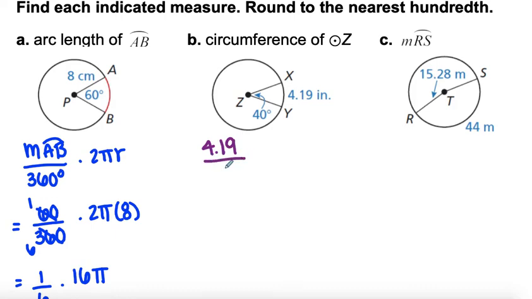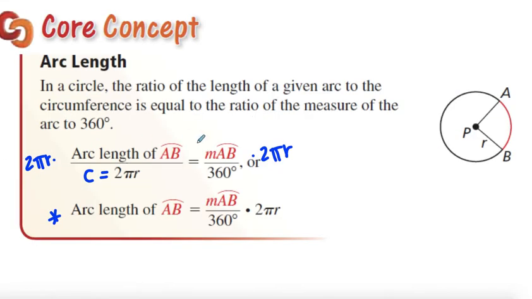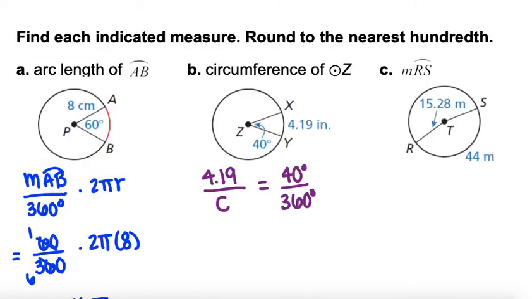I don't know my circumference, so I'm just going to leave that as C. It's equal to the measure of the arc. Well, I know that this arc here, XY, is just 40 over 360. So again, I'm getting that from this formula right here, this proportion.